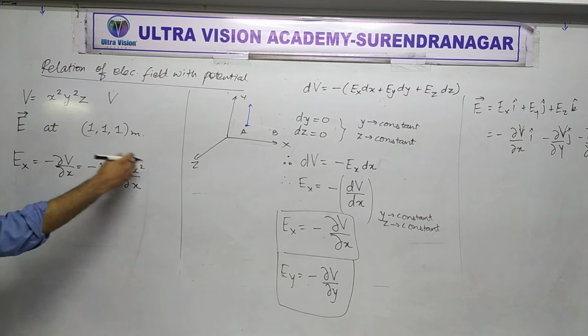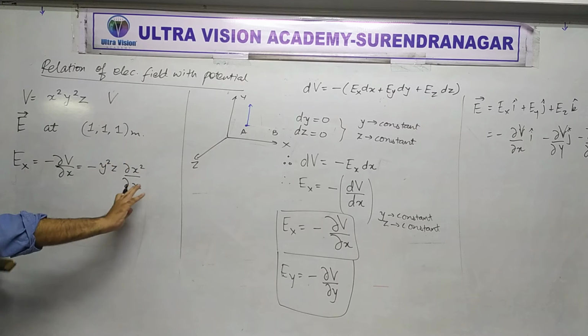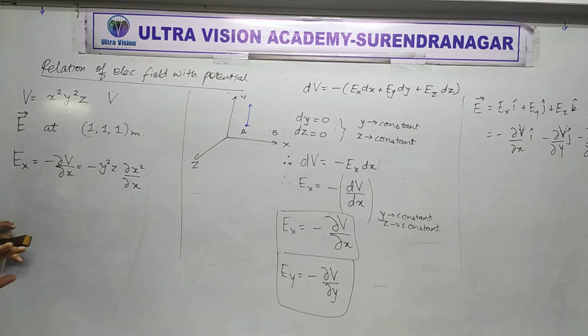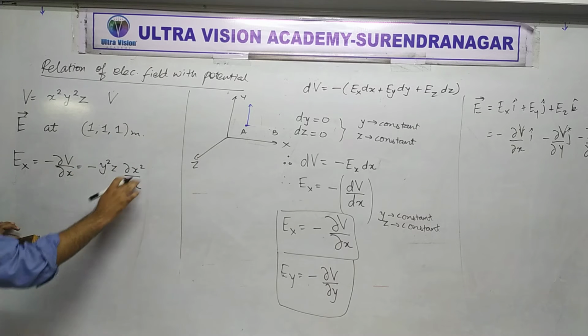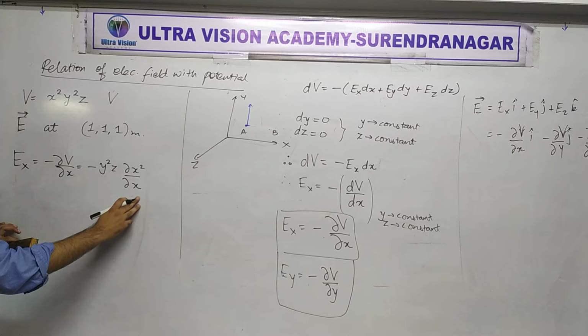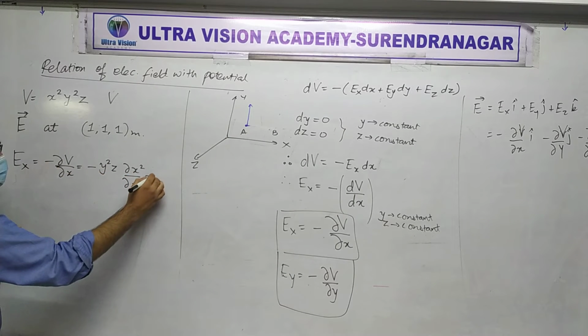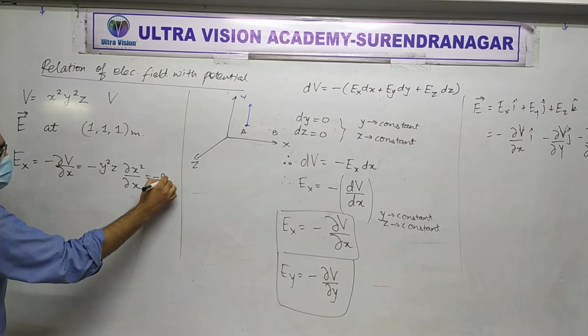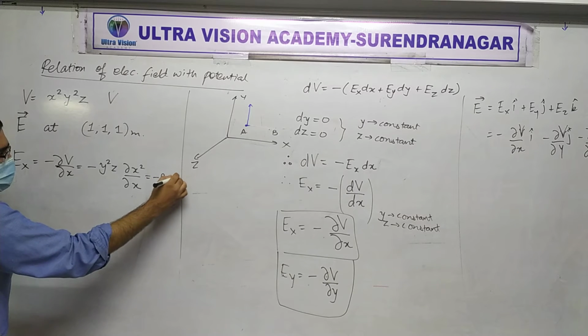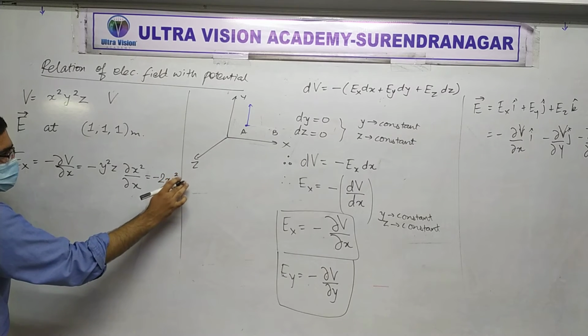Yeah. Okay, now this is ordinary differentiation only. All the rules apply. Okay, so del x squared by del x will be 2x. Is that okay or not okay? Yeah. Sure, everyone. So our answer is minus 2x y squared z. Understood?